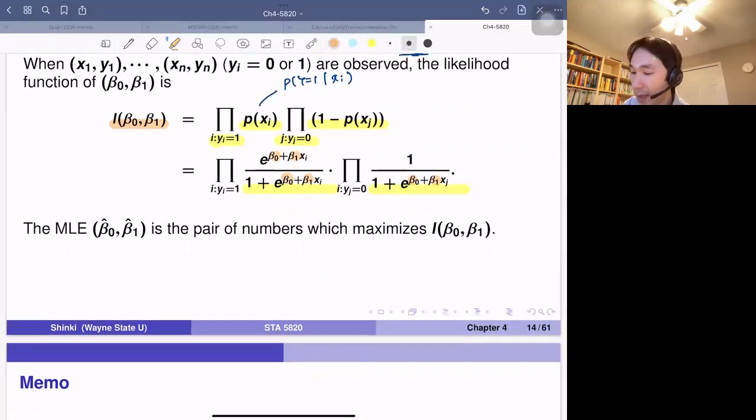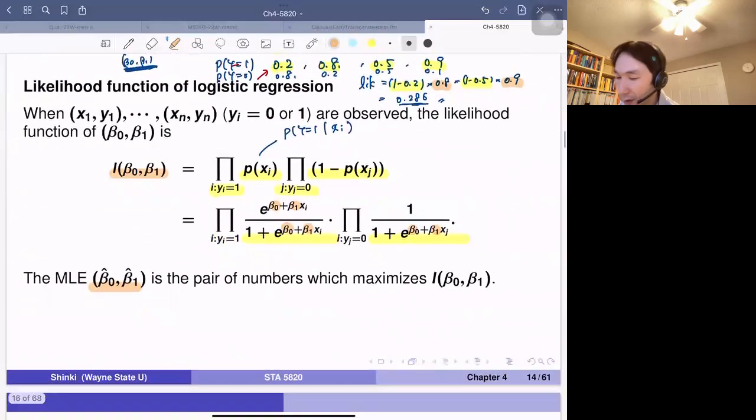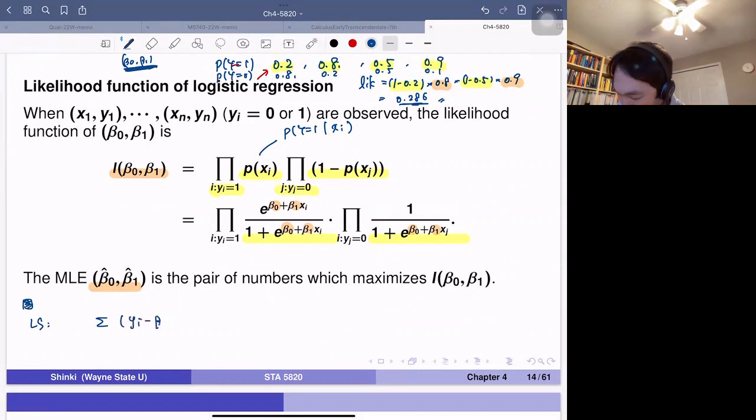So we can maximize this and get the maximizer. The computation is much more difficult than linear regression. In linear regression, we just minimize the sum of squares, the summation of (y_i minus beta naught minus beta 1 x_i) squared, for i equal to 1 to n.